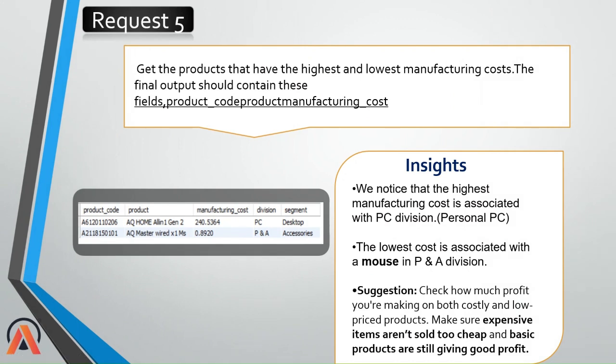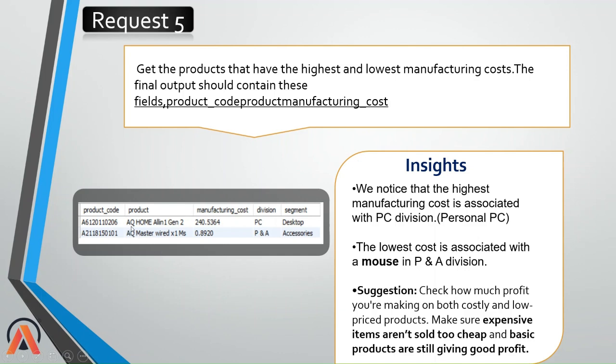Request number 5. Get the products that have the highest and lowest manufacturing cost. So this is the output that we received by querying in SQL. We notice that the highest manufacturing cost is associated with PC division.